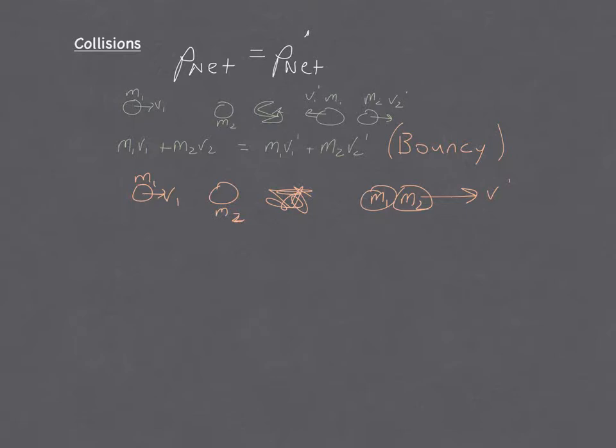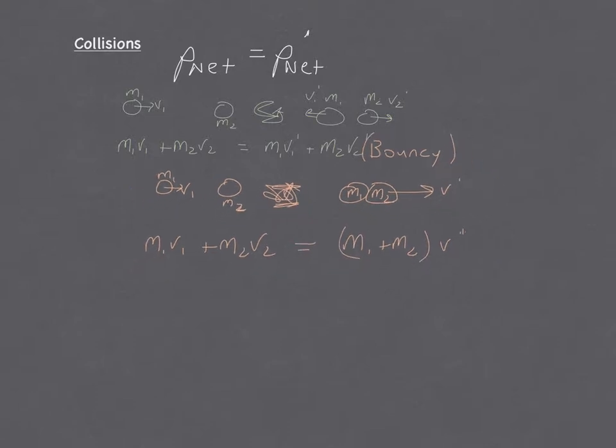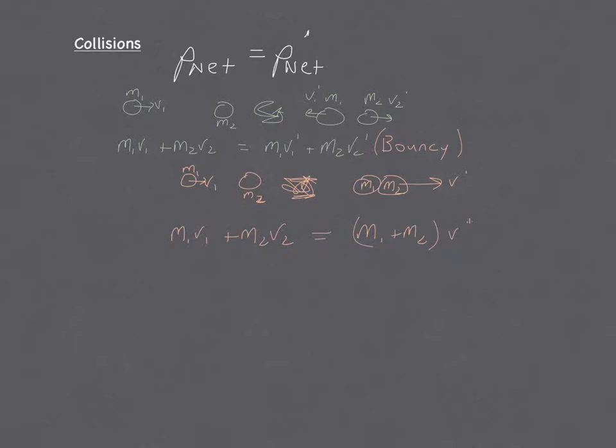So again, net up the momentums of each object, and after the collision, that's the equal sign, you would end up with really one object of combined mass moving with a certain speed. What do we call that? We call that the sticky situation.